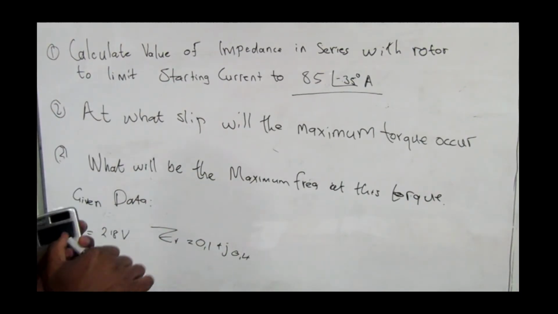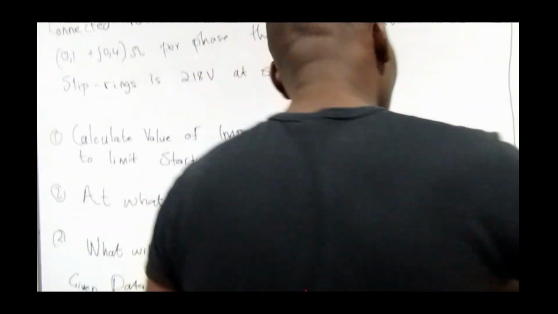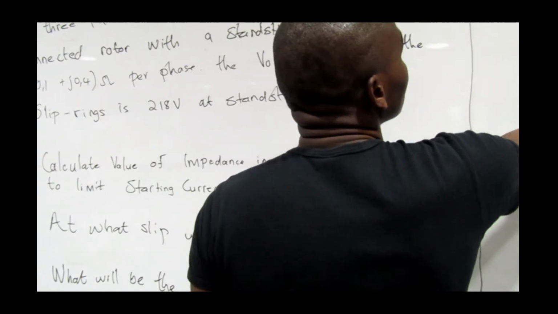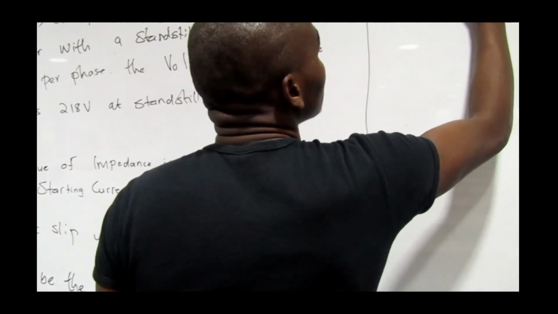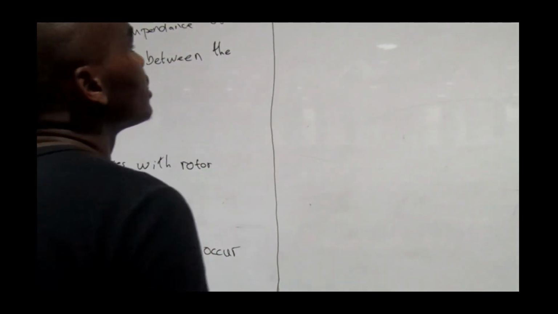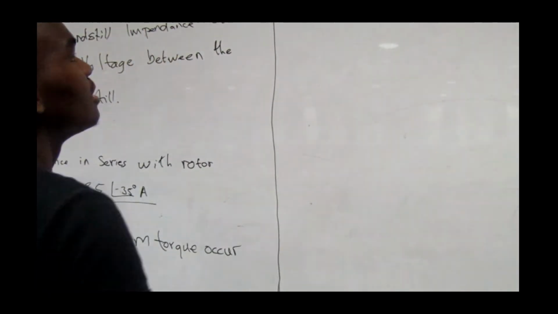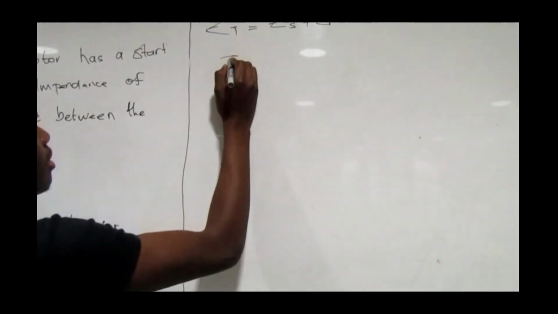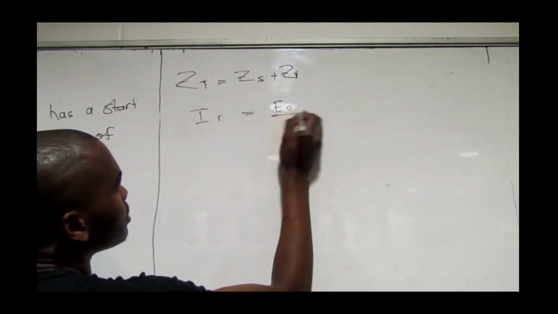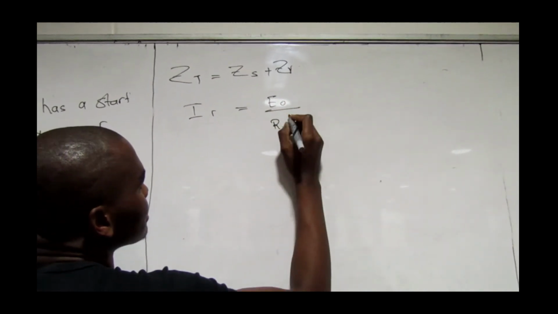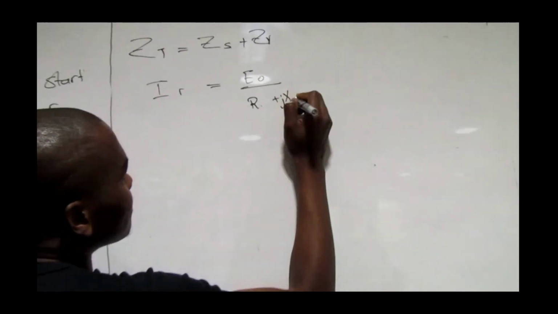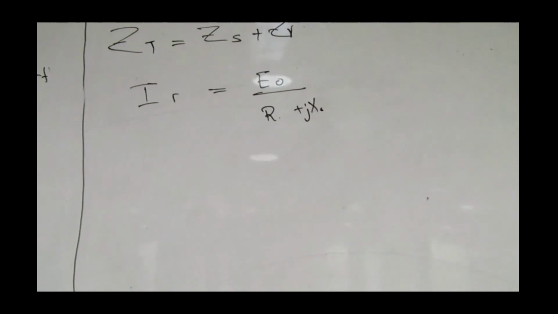to calculate our Z series, we have to know the value of our Z total. As you know, Z total is equal to ZS plus ZR. I assume you are familiar with the formula that says IR is equal to IO divided by the resistance of the rotor plus the reactance of the rotor.